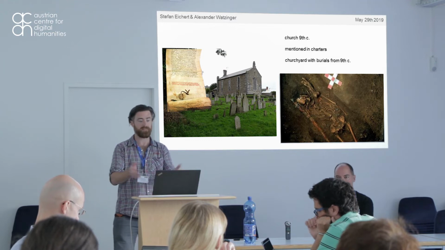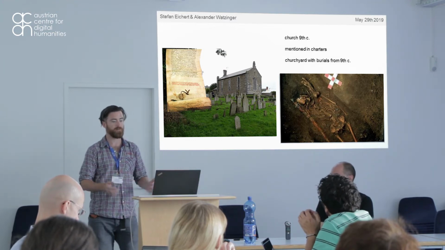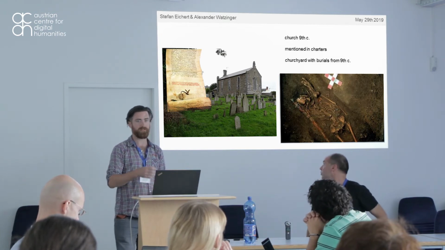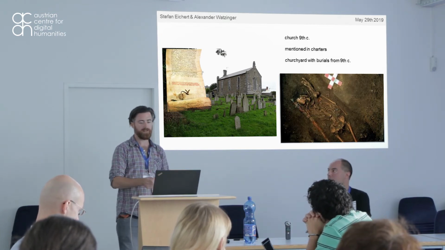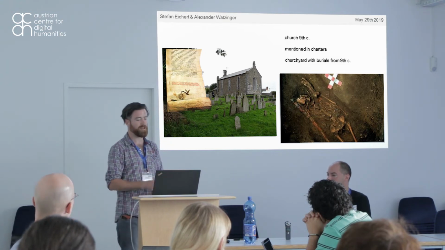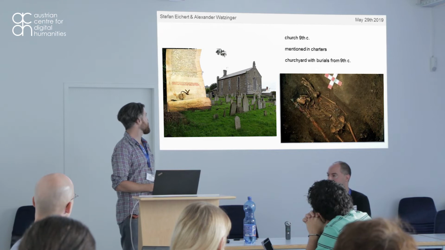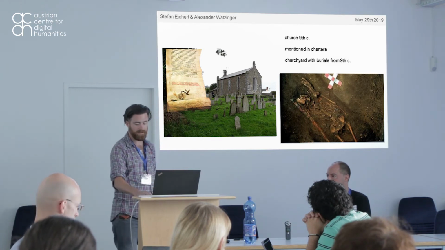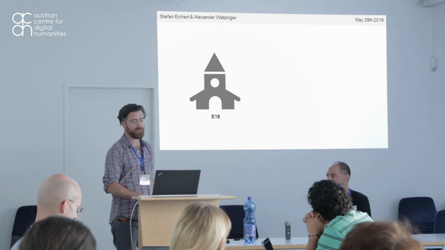It still exists. It's a physical object in our world right now. And there is a churchyard around it, and archaeologists came and dug some holes, and they found bones and grave goods and swords and so on. And this is a case that really often exists in our database, and we model it something like that.